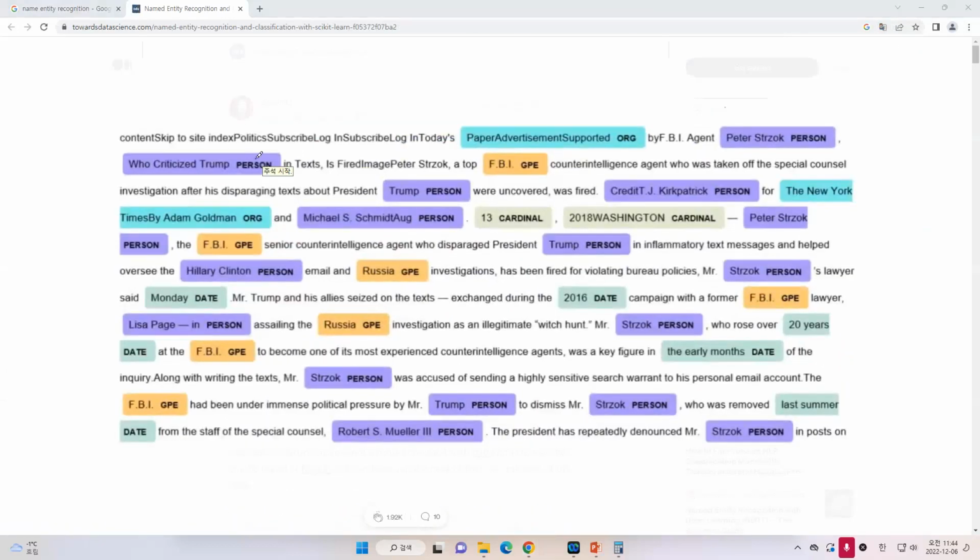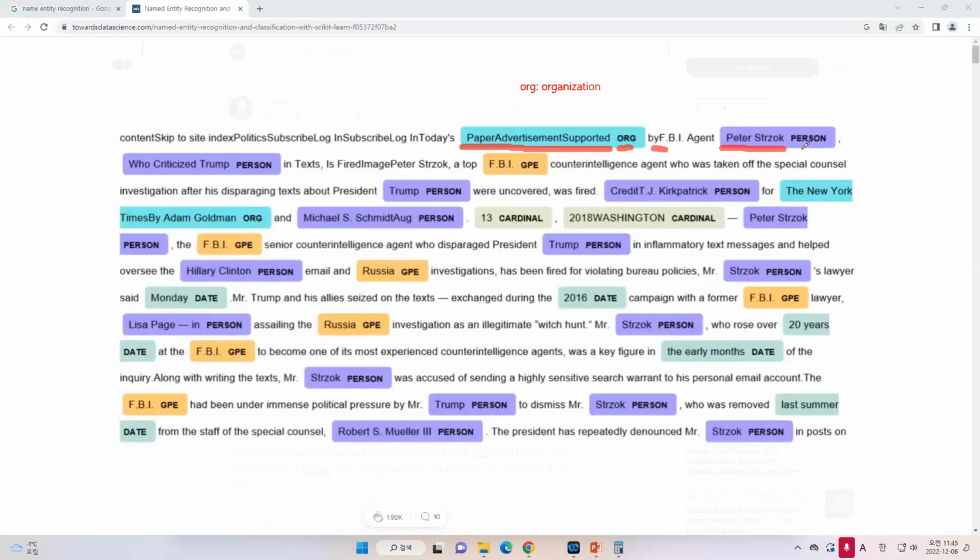So I have an article. Because it is a text until this part, the library can recognize that this is an organization. ORG means organization. And then by FBI agent, maybe because this is a text, they cannot recognize this FBI.